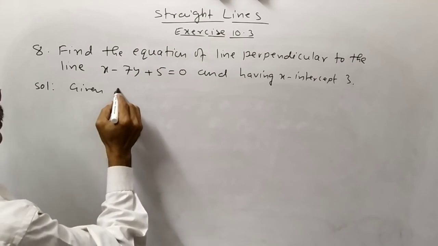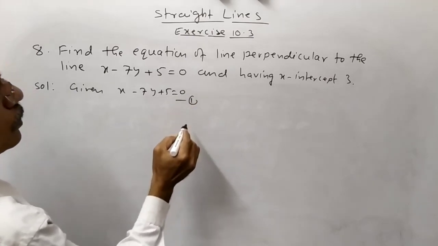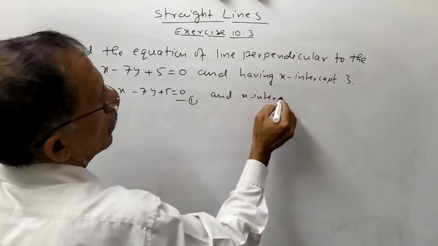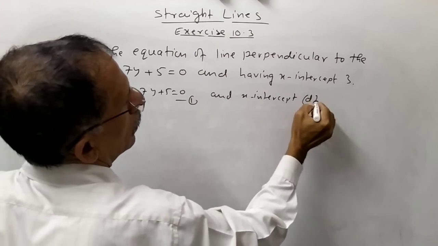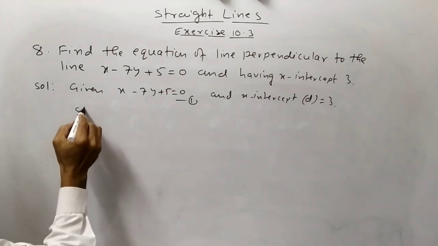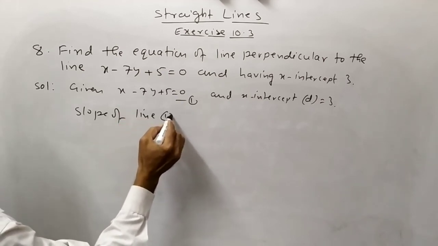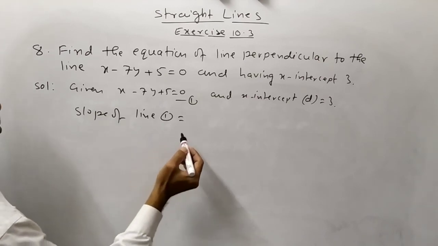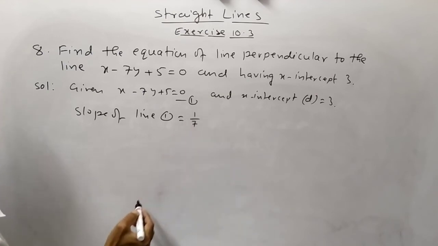Given x minus 7y plus 5 is equal to 0 and x-intercept d is equal to 3. Slope of line 1 is equal to, what is that? 1 by 7.